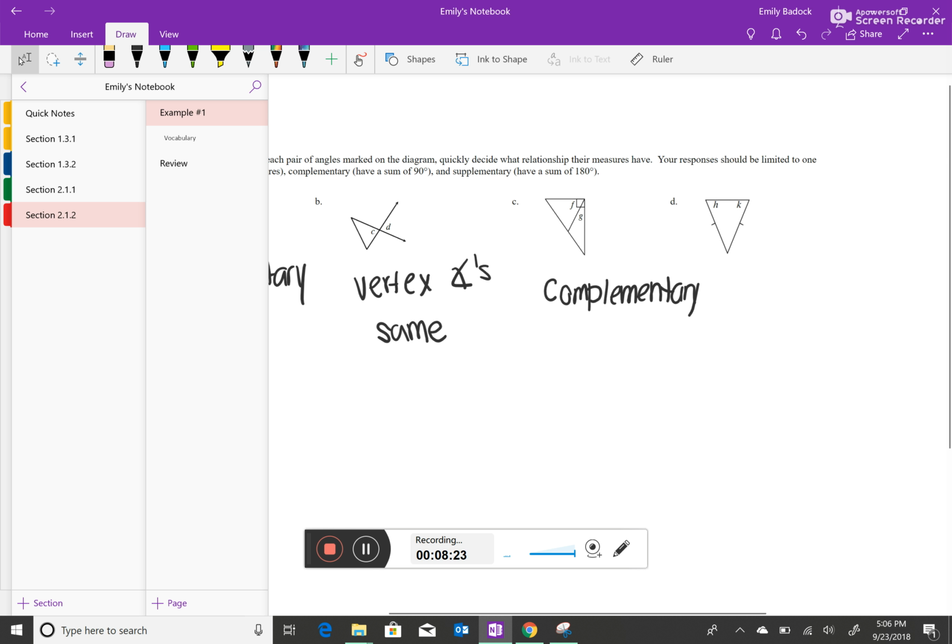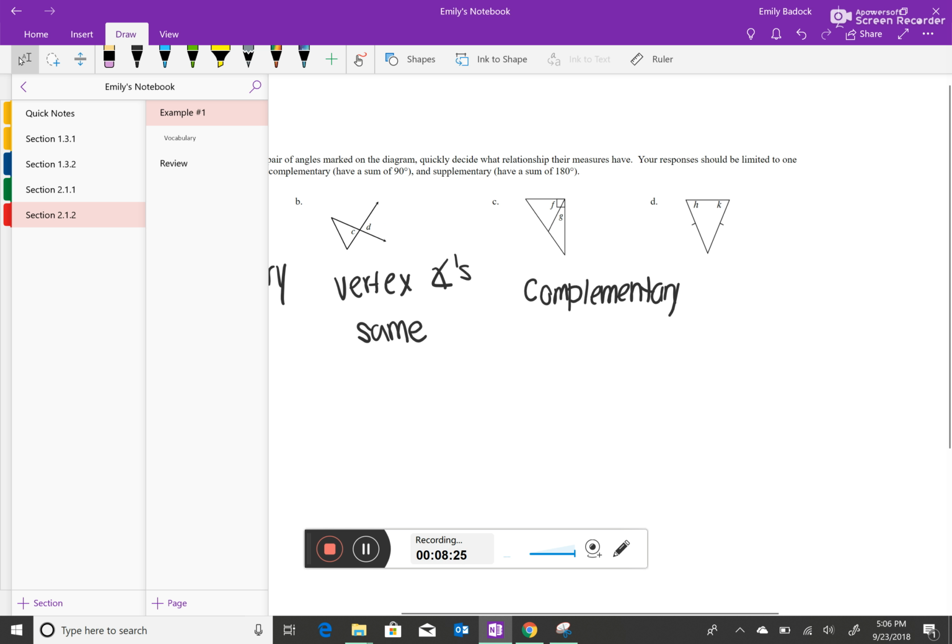And then this one is something we haven't talked about yet. It's interesting, let's put it that way. With an isosceles triangle, one of the things they're going to talk a lot about is the fact that it has a line of symmetry right here. If you can fold something on top of itself, so we're folding this triangle in half, we know that H and K are going to be over top of each other.